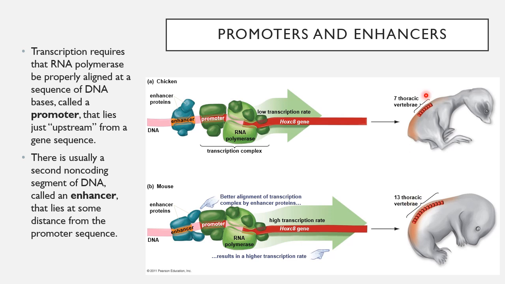In the chicken, it's not as well aligned, and fewer thoracic vertebrae will be made. So you could have the same segment of DNA, but just a different alignment of an enhancer protein on that DNA, and get the same structure, but more of that structure made based on the alignment of that enhancer protein.